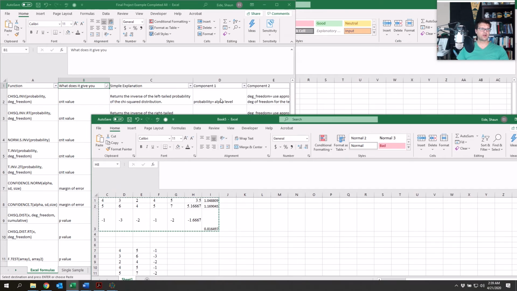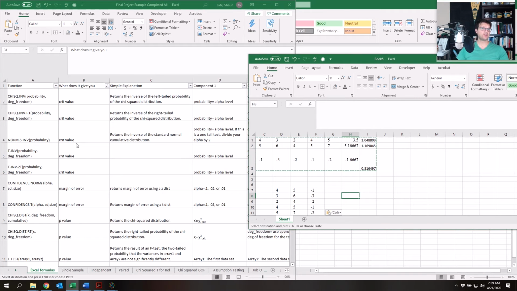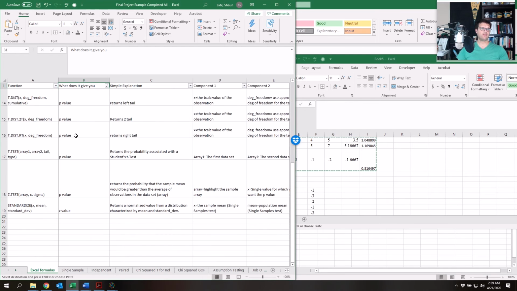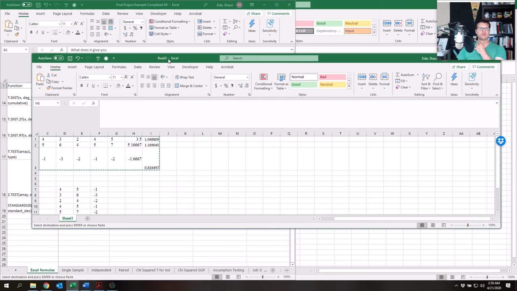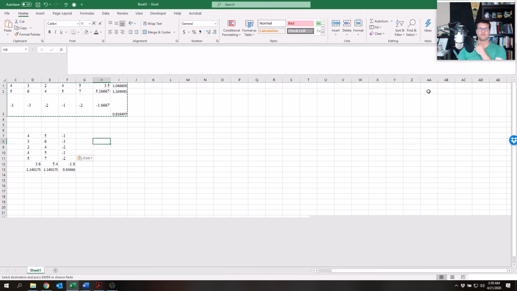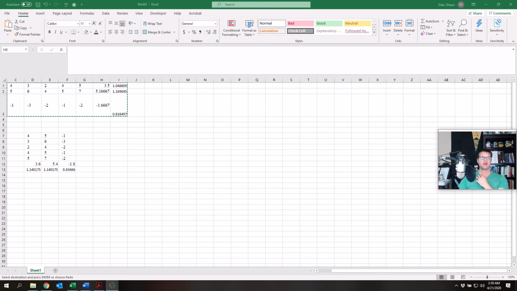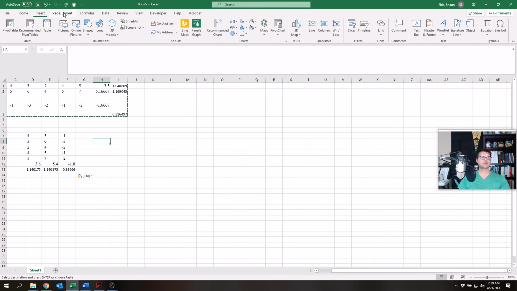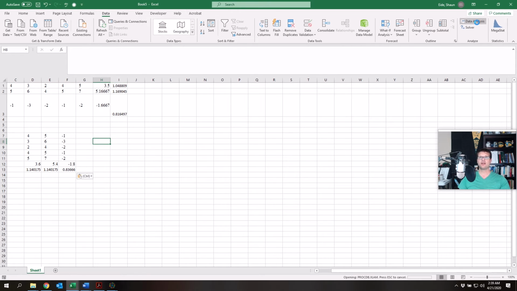There's a way to get the probability of this value, but it's kind of hard to get the actual test value. And so I'm going to go in here, and I'm going to insert, data analysis.